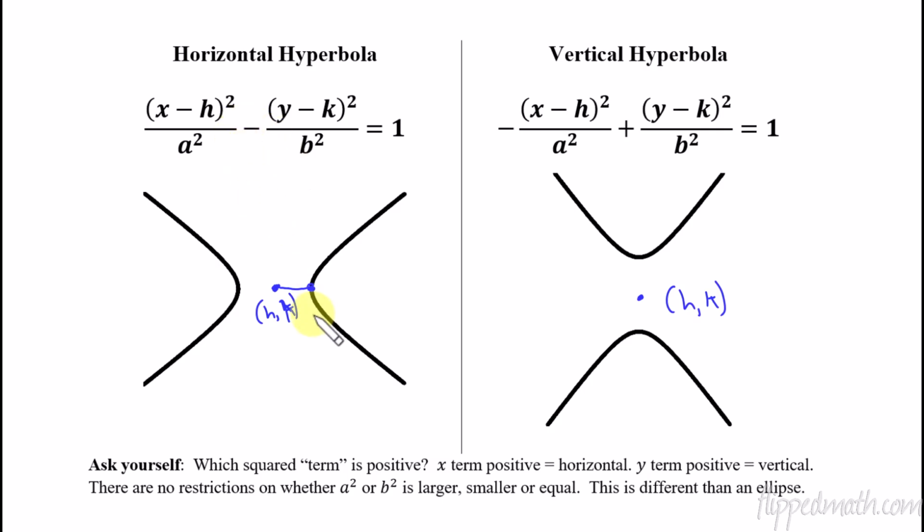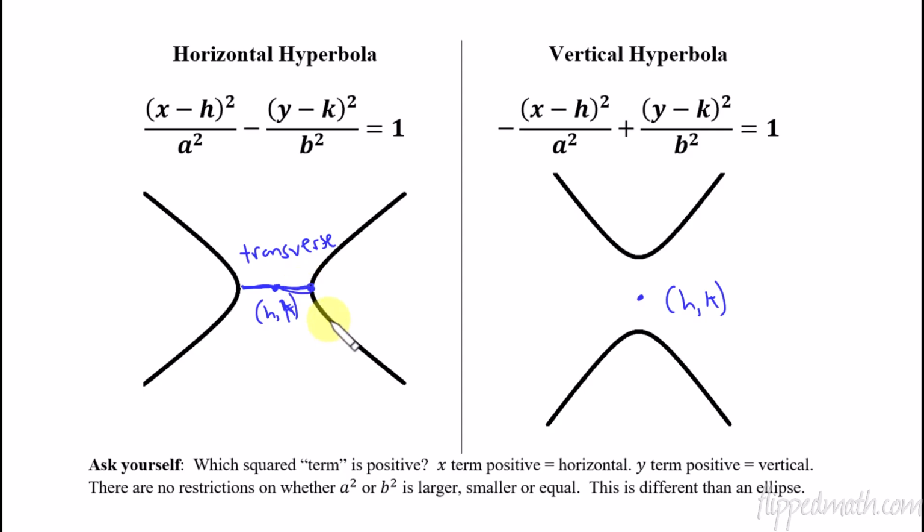What I want you to understand is that this axis right here, if I go all the way across here, this is the transverse axis. So I want you to label that transverse. Transverse axis goes from vertex to vertex. It transverses the vertices.